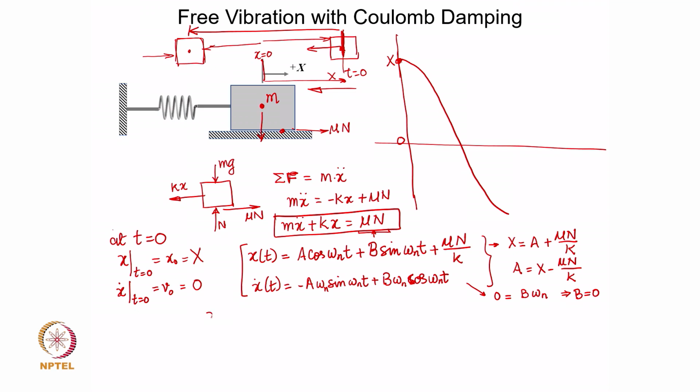So, the final solution, right, the final solution I have for this motion of the mass is, sorry, it should be x here, x of t equals capital X minus mu n over k cos omega n t, B is 0, plus mu n over k. Is it not?